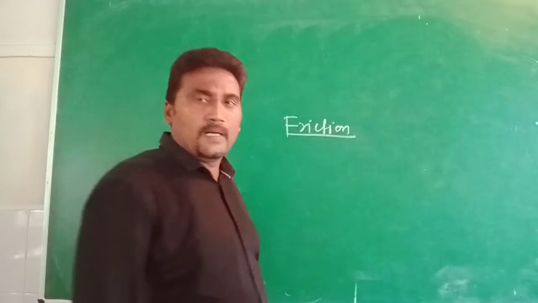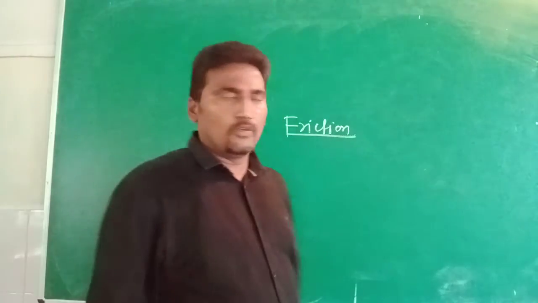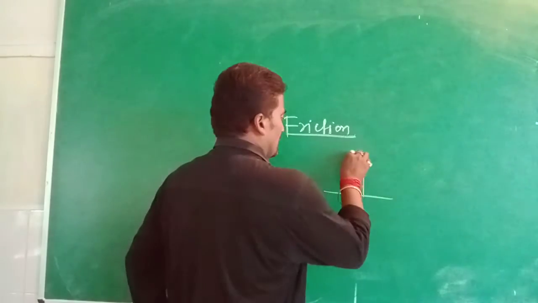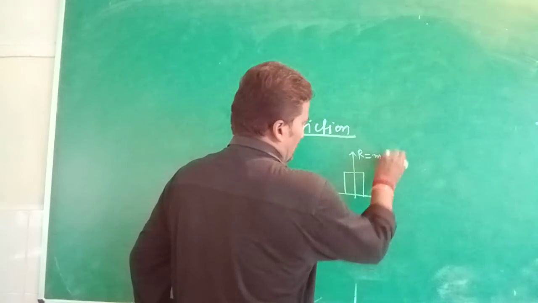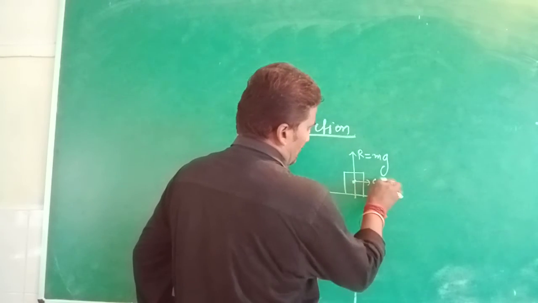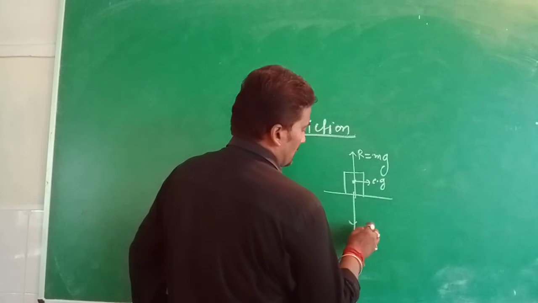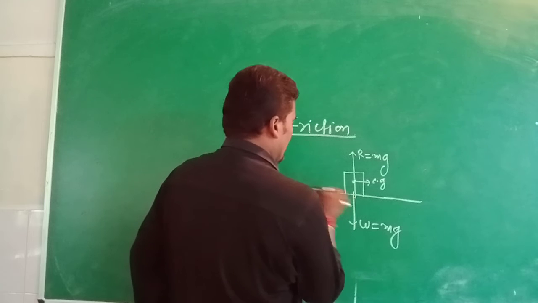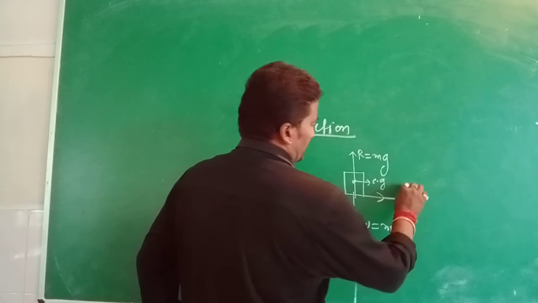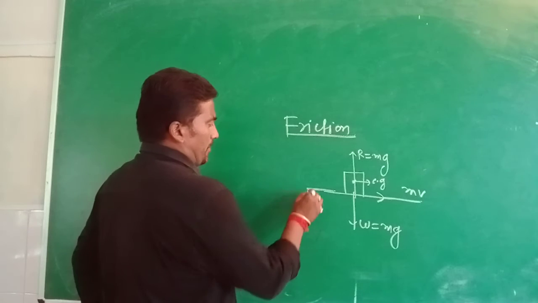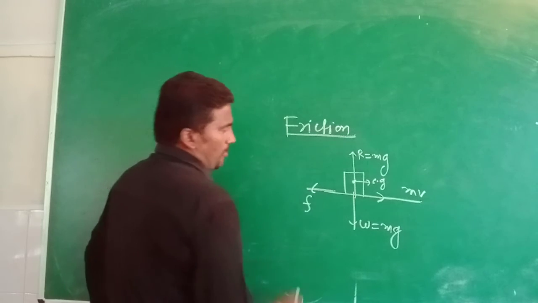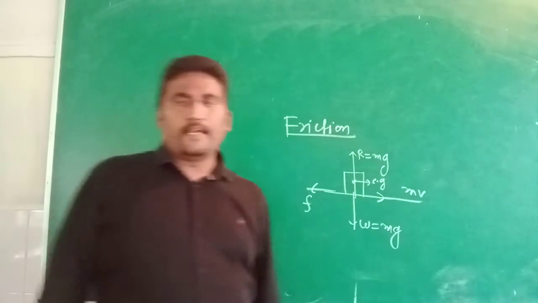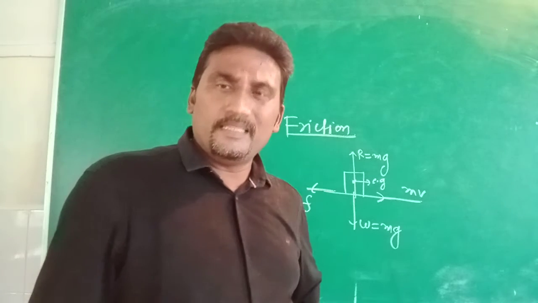A force applied in the opposite direction of the motion is known as friction. For example, if a body moves from east to west, then friction is applied on the body in the opposite direction, from west to east. That is the easiest example of friction.